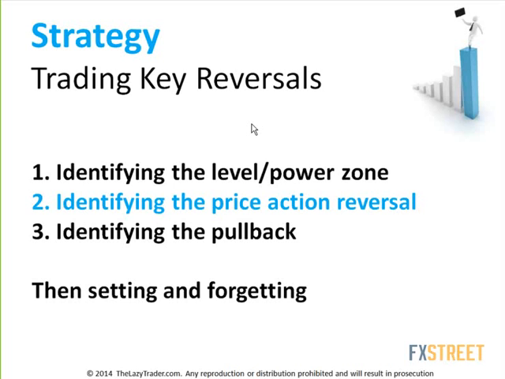Now, it will come as no surprise to you that trading reversals has a pretty low hit rate. 80% of reversals fail, but when you do get it right, you really can make a lot of money. And I'm going to teach you certain ways to get in early to these key reversals so that you can really take advantage and max out with these reversals sooner rather than later.